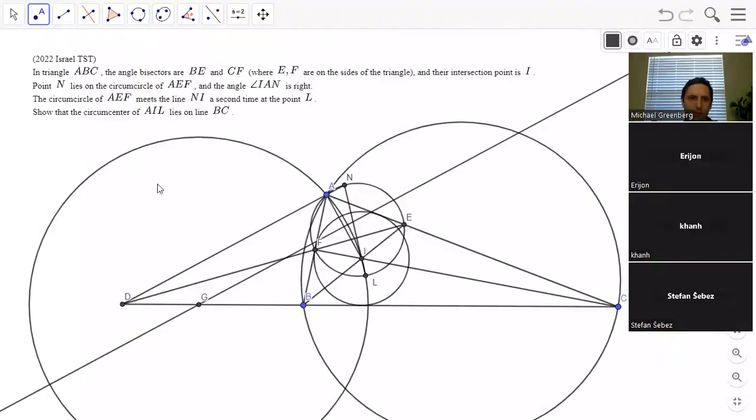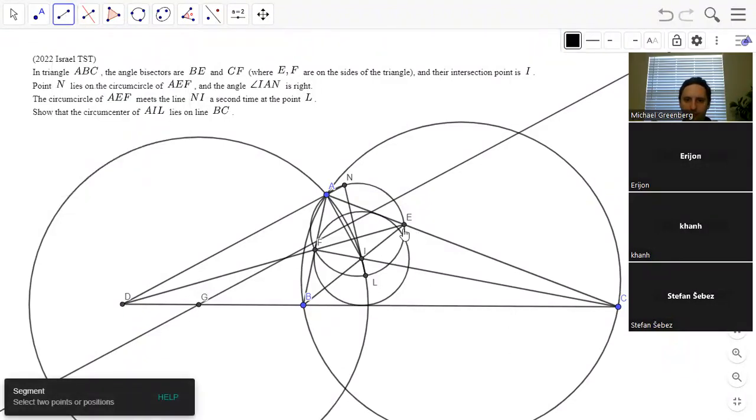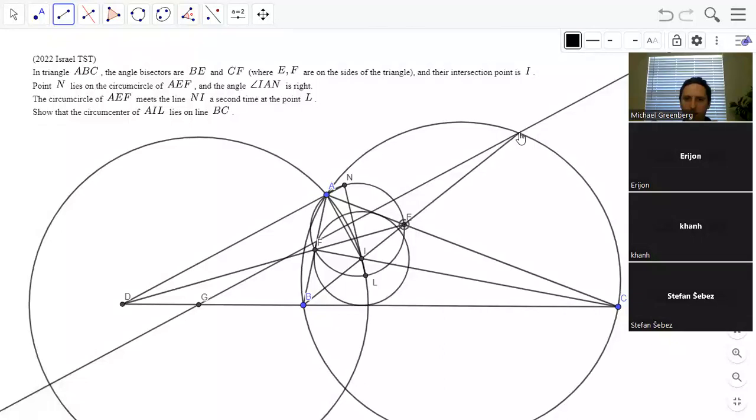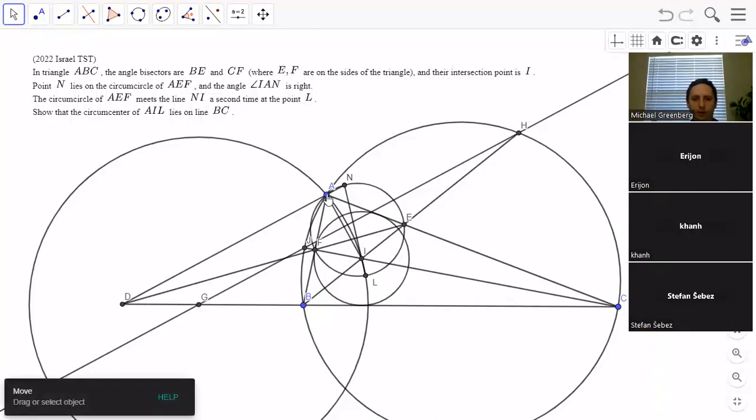So basically, these pass through these points, right? Because AJIH is a kite. So I think we want to use that fact.